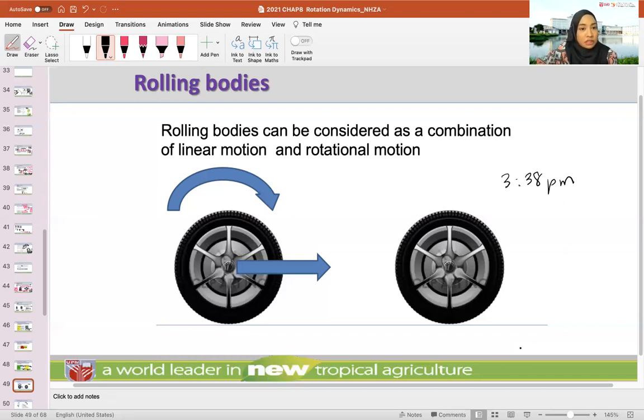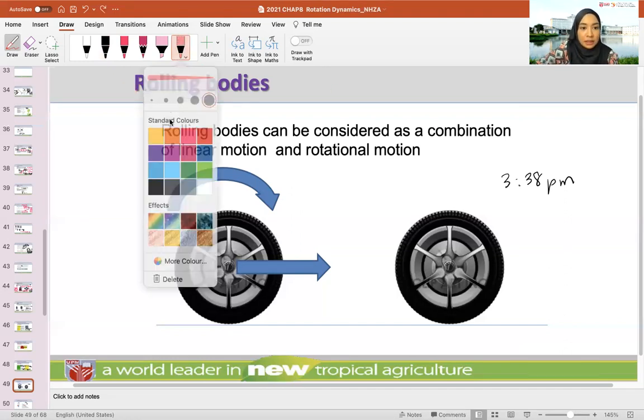Just now we talked about rigid bodies, which is just the rotating part, right? The rotation of rigid bodies. When they use the word rolling, it means that it has both rotation and also translation. It's a weird word, I feel, but this is what they call it, rolling bodies.